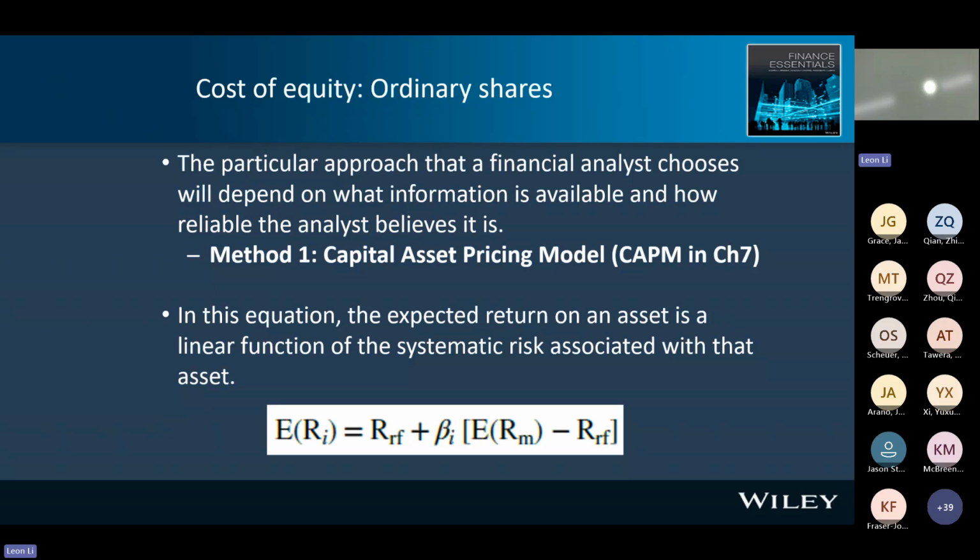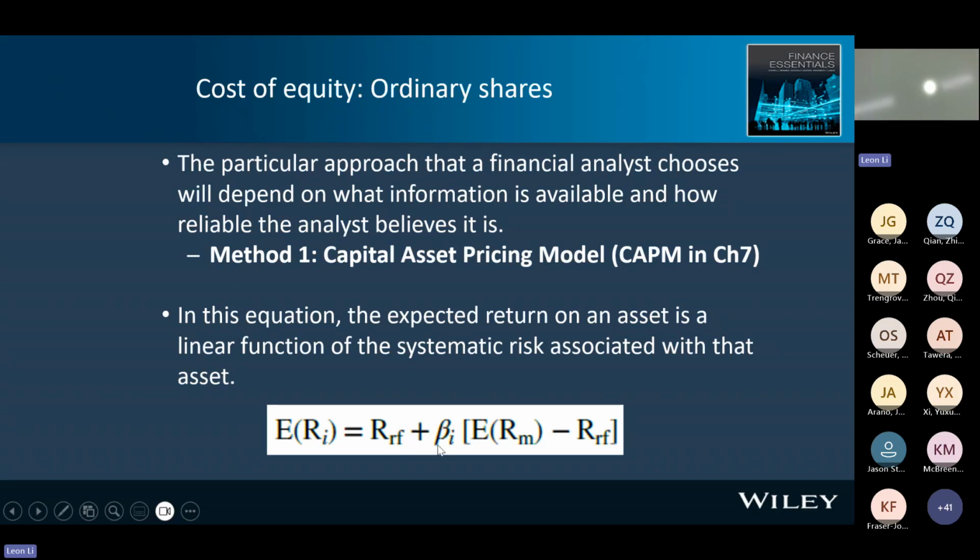Method 1, the CAPM model. We discussed the CAPM model in chapter 7, right? So this is our CAPM model. In this equation, the expected return on an asset is a linear function of the systematic risk associated with that asset. E(Ri) is the expected return. Rf, risk-free rate, plus beta.